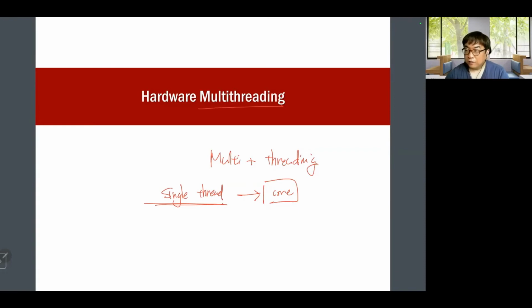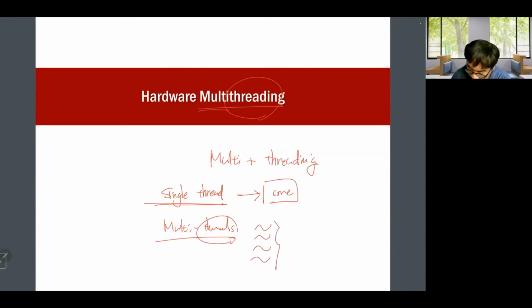That is the process model we learned in this course, right? It's a single thread. Then what is multi-threading? As you can expect, multi-threading means that multiple threads can be executed by a single core.